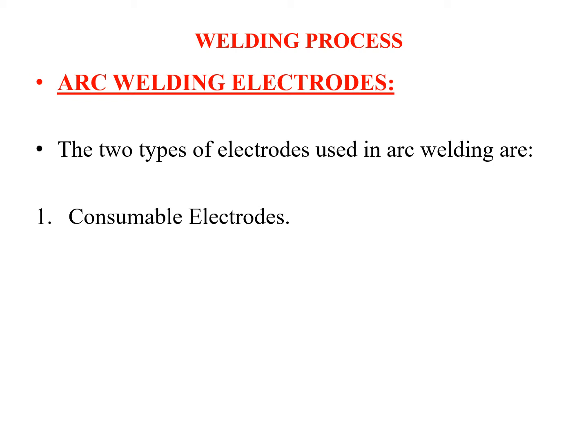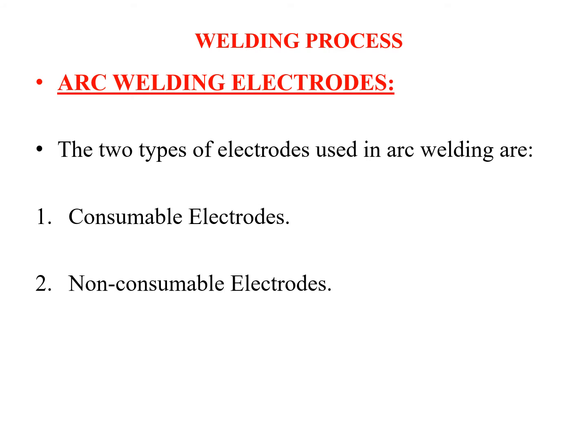The coating of the electrodes is usually composed of chalk, ferromanganese, starch, kaolin, and alloying and binding materials. These materials form the slag and also the gaseous shield around the molten pool. Then coming to the second type, non-consumable electrodes.